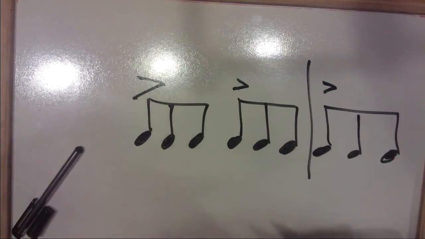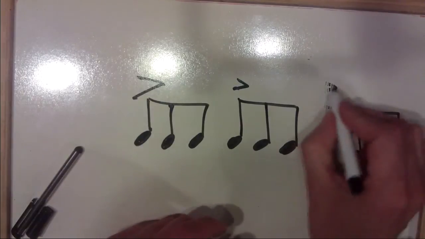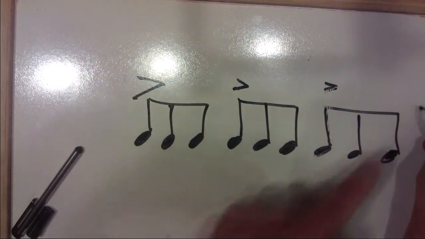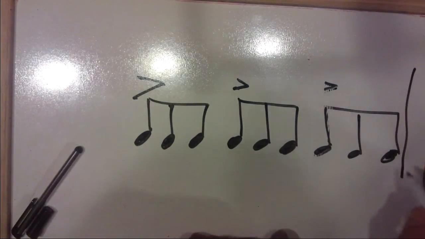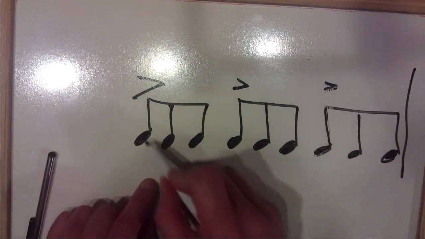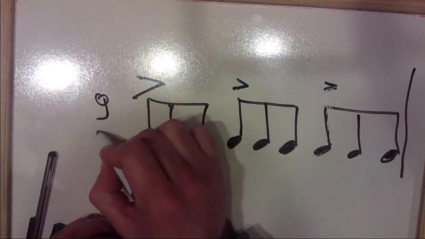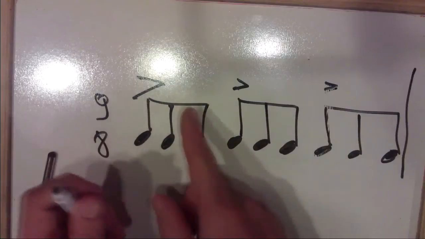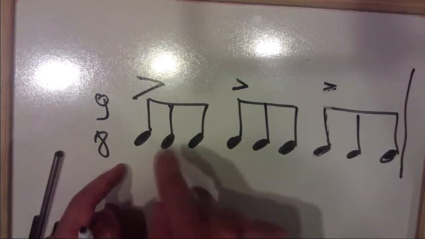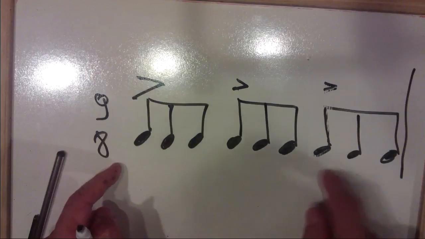In that case, we need to once again erase the bar there and say, well, if the stress is going to come after this, we're just going to put a line here, and instead of a 6 by 8, we're going to have a 1, 2, 3, 4, 5, 6, 7, 8, 9 by 8. And thus, the pulse of this would be pa pa pa, pa pa pa, pa pa pa.